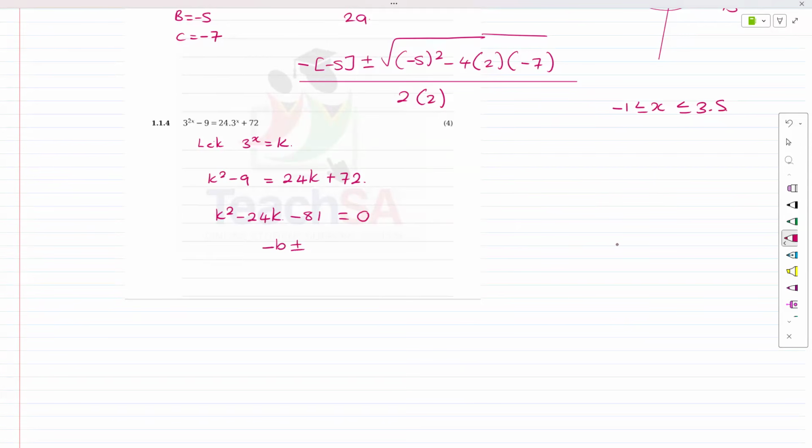Use your minus b formula again. You're going to end up with k equals 27. K equals negative 3. Substitute the k value back. So that's 3 to the x equals 27. That one is x equals 3, right?